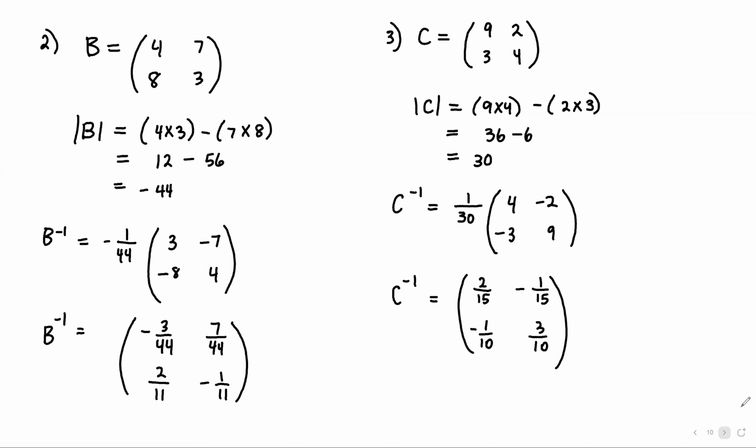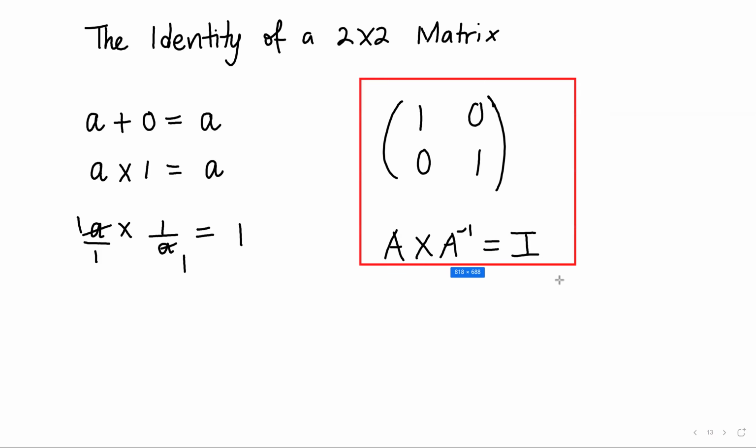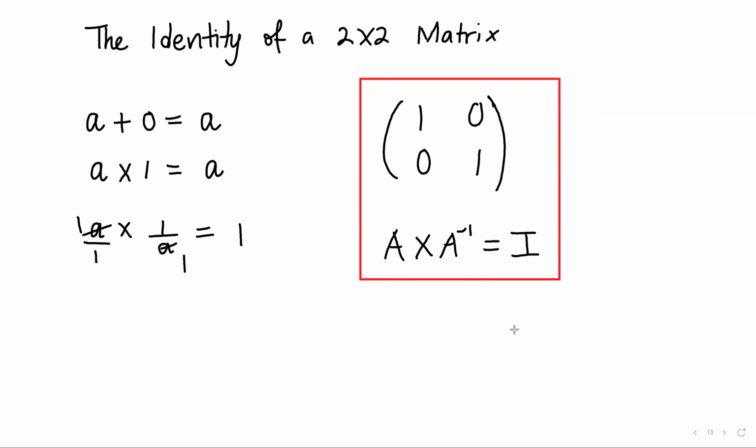And now I just showed you that the identity of a 2 by 2 matrix is given as 1, 0, 0, 1. So this is the identity matrix. It means that if you multiply A by its inverse, you will get the identity. And similarly, let me write this down as well.